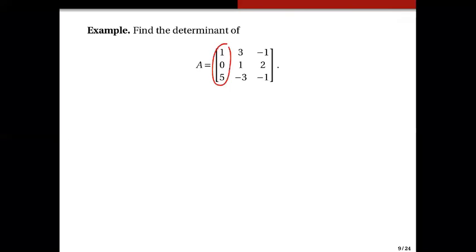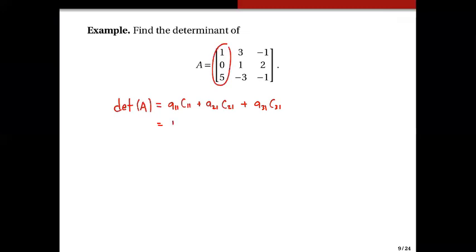So it says that the determinant of A is equal to, using the first column, A11 C11 plus A21 C21 plus A31 C31. Okay?